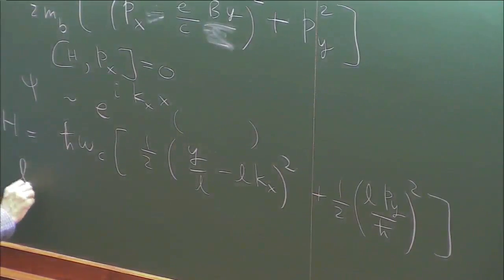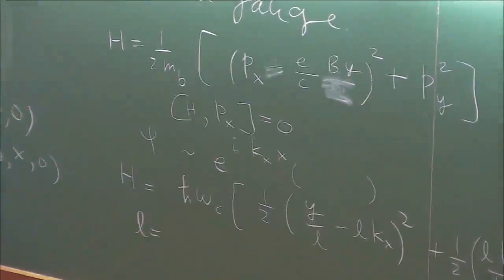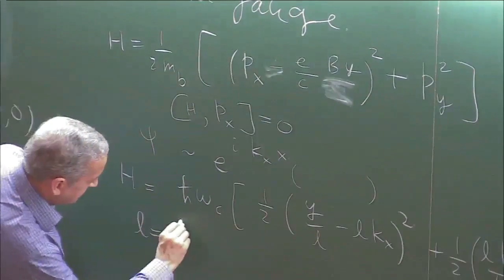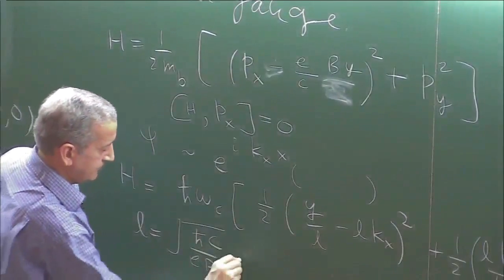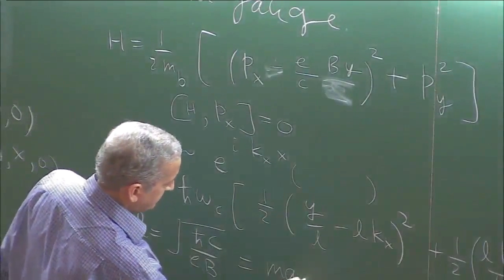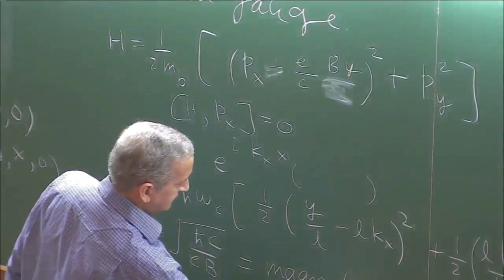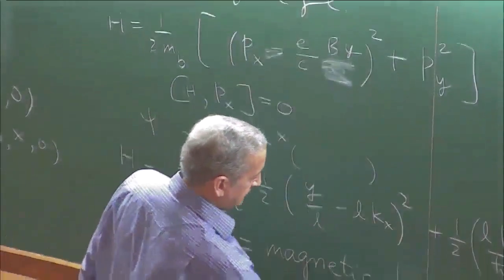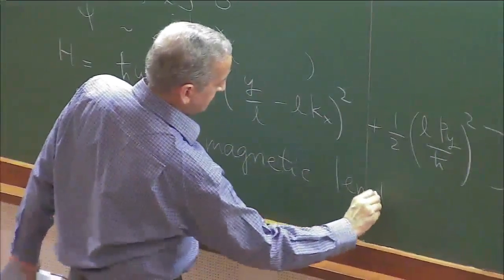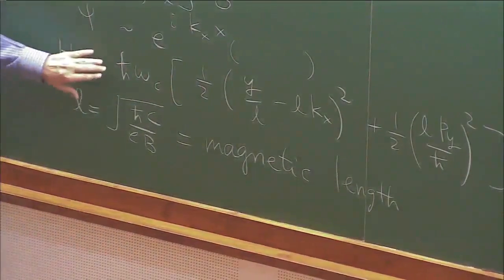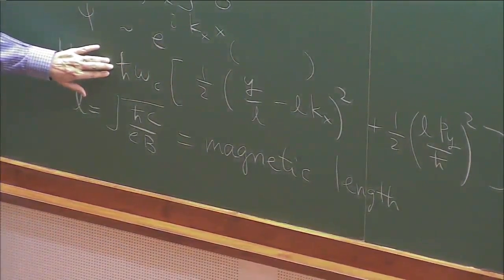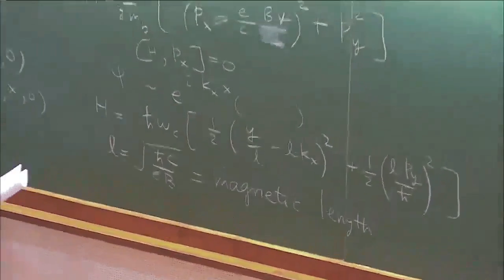One is L, which is called the magnetic length. And I have defined what is known as the cyclotron energy, h bar omega c.